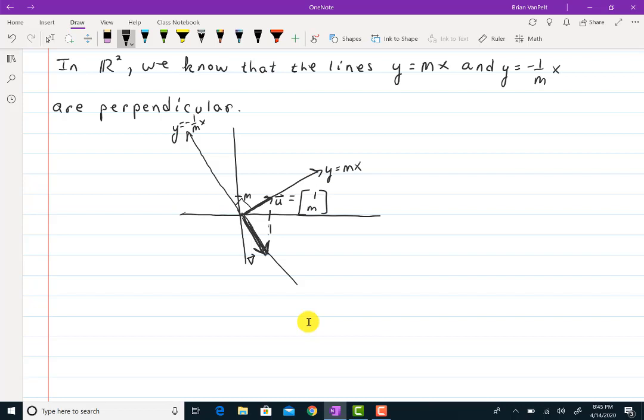That vector there, v, since the x part is 1, the y part, when you plug x in for 1, you get negative 1 over m for y. So these two vectors are perpendicular.